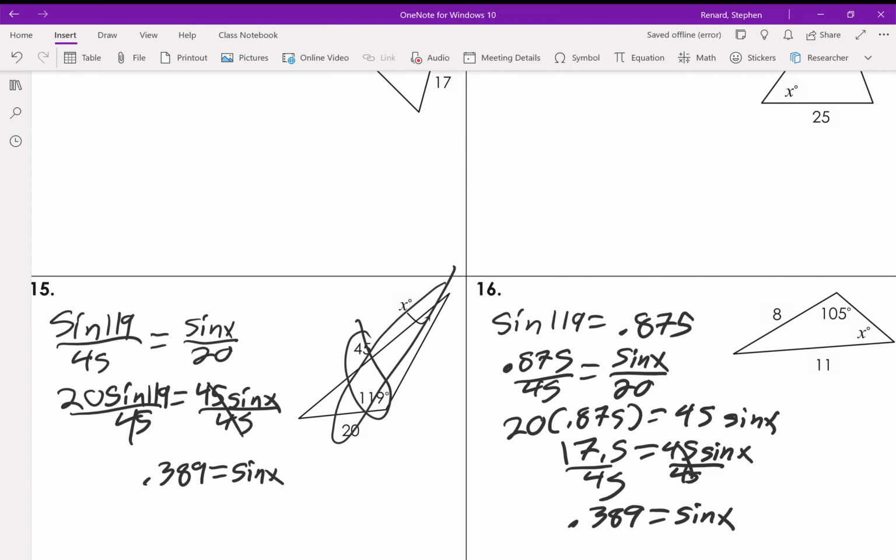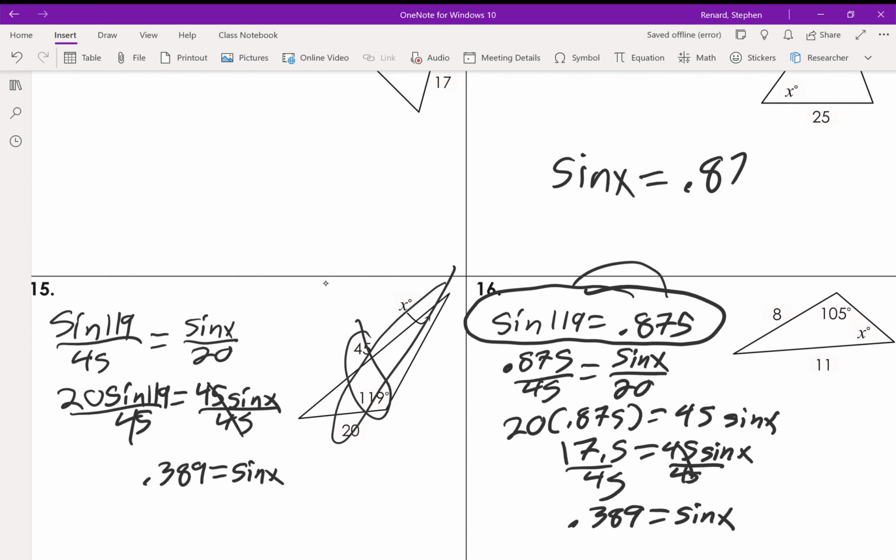So, look at what I did here. I said that the sine of 119 equals 0.875. Now that is true the other way around. If I said, what angle has a sine of 0.875, I could put that in my calculator.